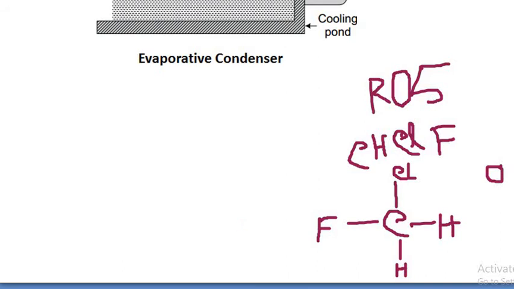So number of carbon will be 0. Number of carbon 1, this 1 minus 1 is 0. Number of hydrogen is 2, 2 plus 1, 3. Number of fluorine is 1, so it will be 1. So we can write as R031. Okay, this is a refrigerant name.